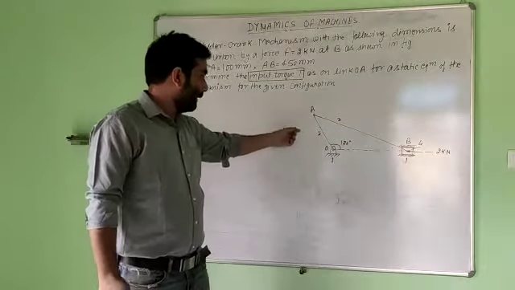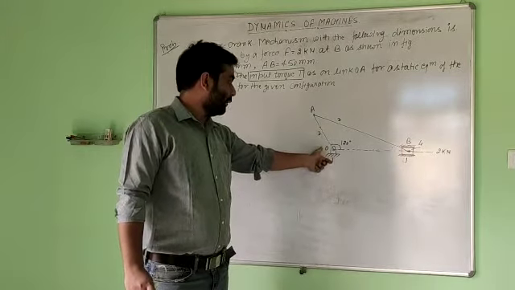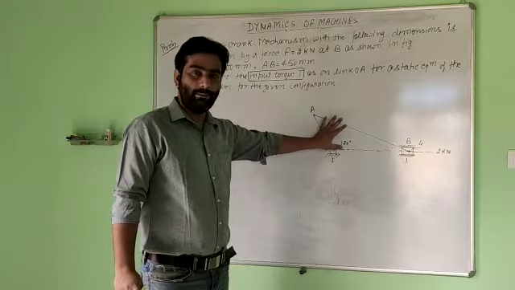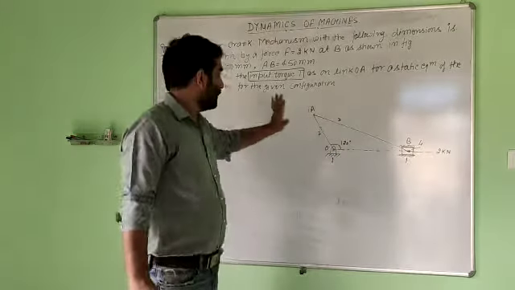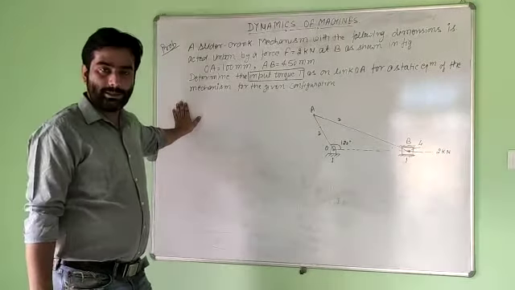So we have to calculate the amount of torque T acting on link OA for static equilibrium of this mechanism. First we will start with drawing the configuration diagram.